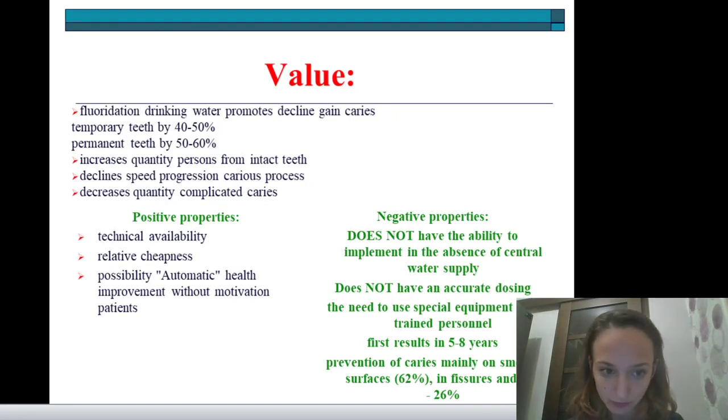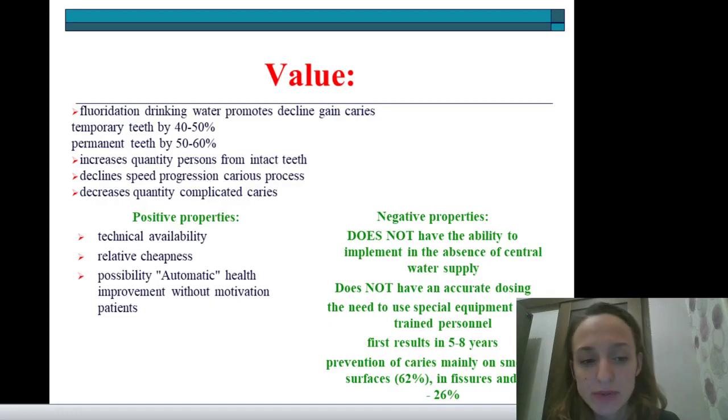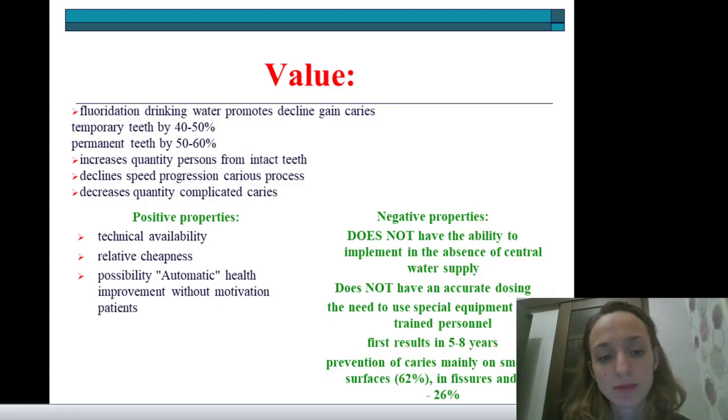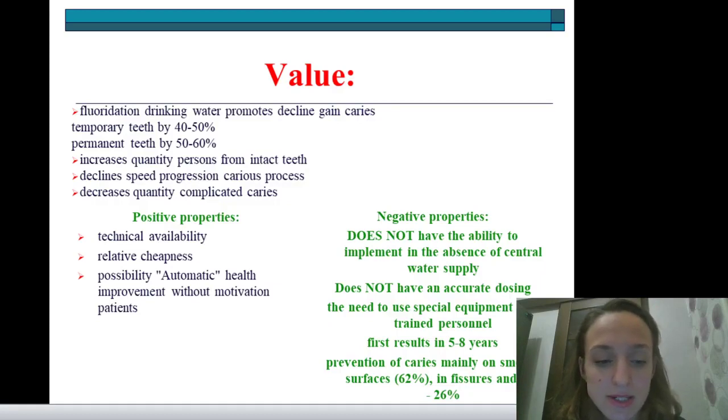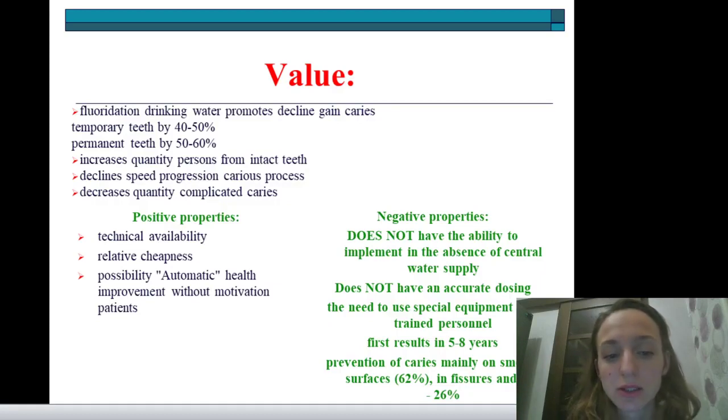Fluoridation of drinking water promotes a decline in caries incidence for temporary teeth by 40 to 50% and permanent teeth by 50 to 60%, increases the quantity of people with intact teeth, declines the speed of progression of the caries process, and decreases the quantity of complicated caries.